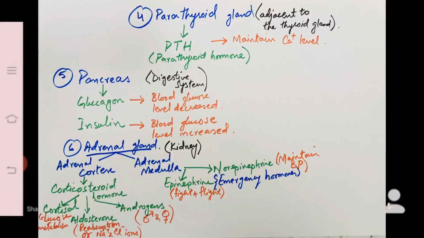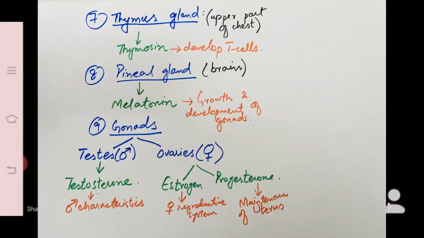Now, number 7, thymus gland. The thymus gland is located in the upper part of our chest, right?